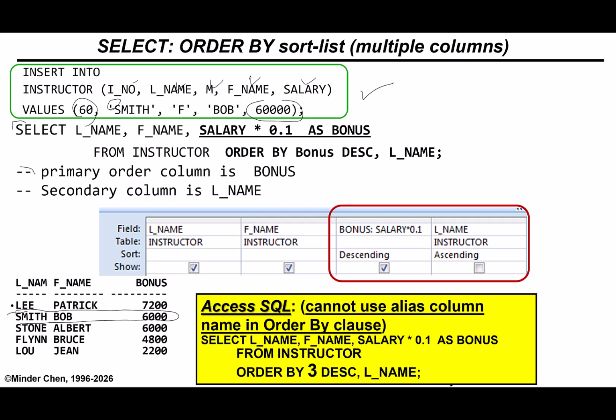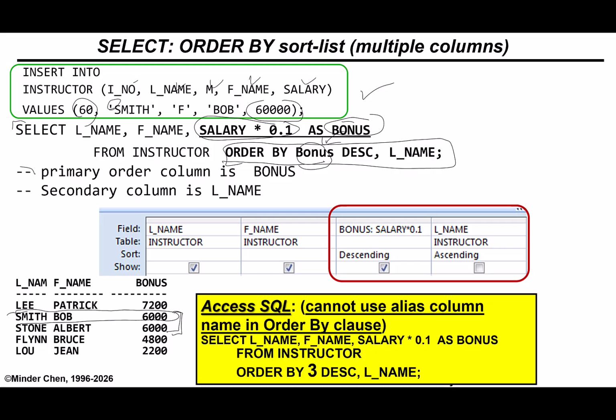The reason we insert this record is because we want to show you multiple-column sorting in order by. First bonus. Bonus is an expression. We create an alias, and we can use the alias in order by in descending order.